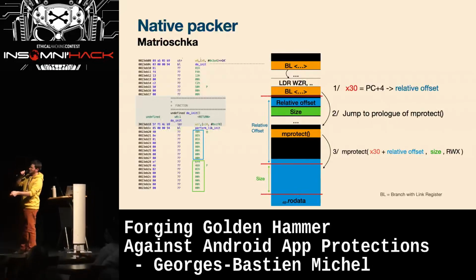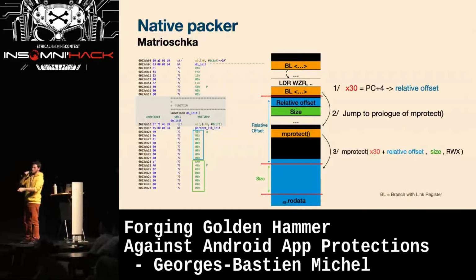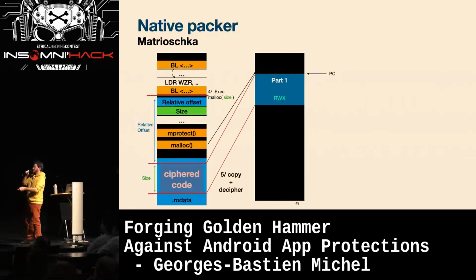When the execution continues, it will change the protection of the range where rodata is mapped and make it read-write-executable, and perform a malloc, decipher the code located in rodata and remap it to another location.